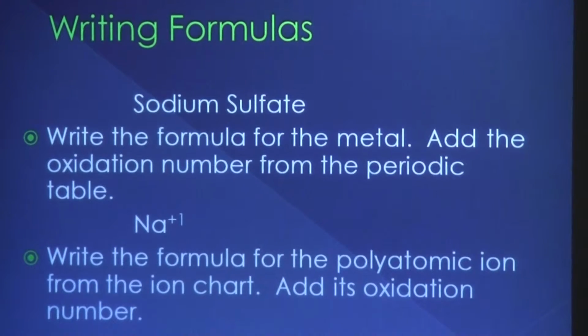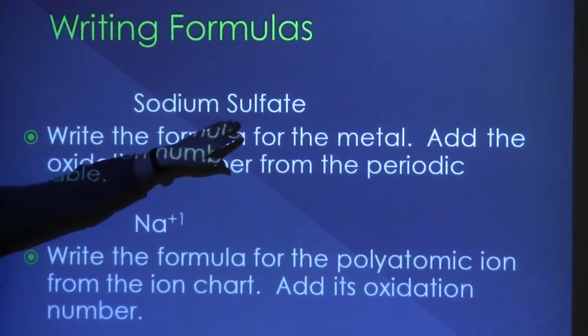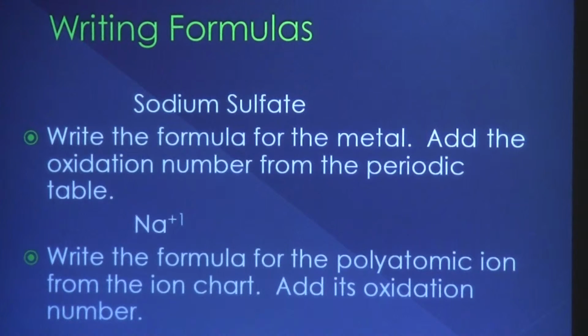Your second step is going to be to write the formula for the polyatomic ion. You don't know those off the top of your head. That's something that you would have to look up on a list. I'm going to give you that list shortly. So you're going to write down that formula, and then you'd write down its oxidation number or its charge. Sulfate. Did anyone happen to write that one down? I think that was the first one.